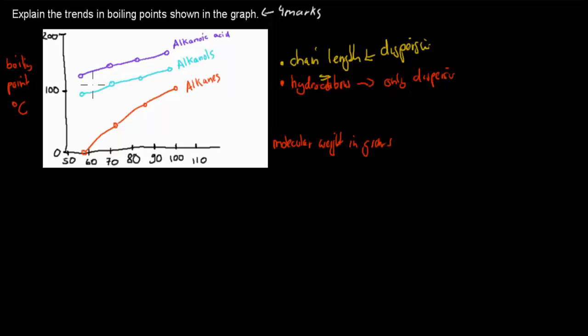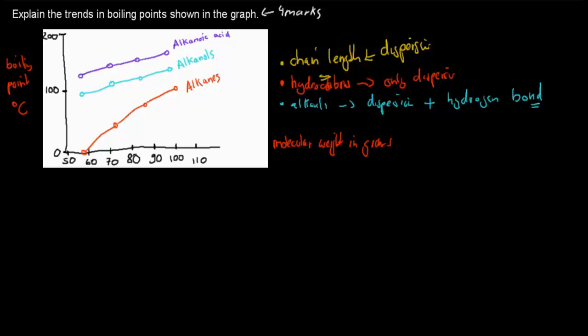Then you talk about the alkanols, why they're higher than the alkanes but lower than the alkanoic acids. And that's because the alkanols have dispersion forces plus hydrogen bonds. One hydrogen bond, so I'll write a hydrogen bond referring to one on the hydroxyl group.